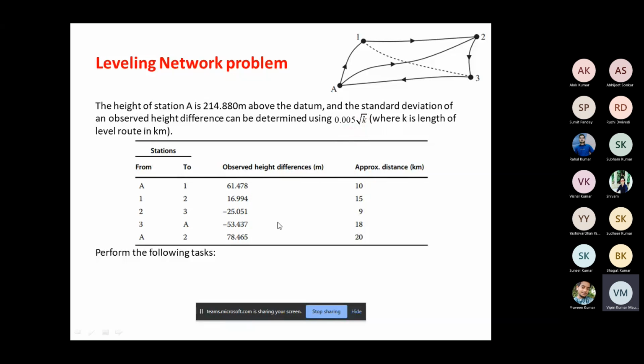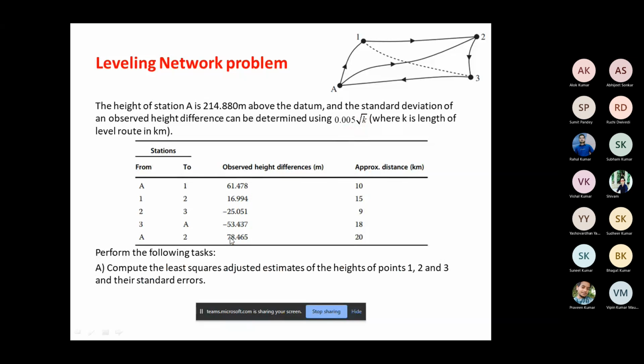So we have to perform the following tasks. Let's see what these are. First, compute the least squares adjusted estimates of the heights of points 1, 2, and 3 and their standard errors. The height of A is fixed. With respect to A and the other stations, we have measured some height differences.